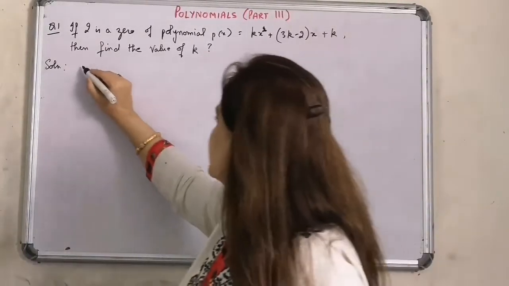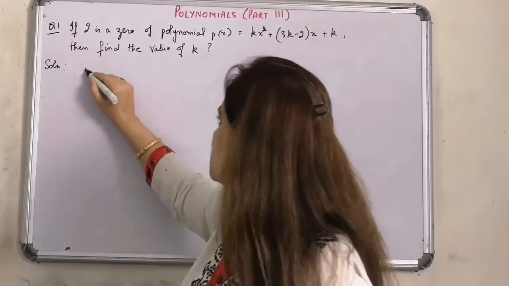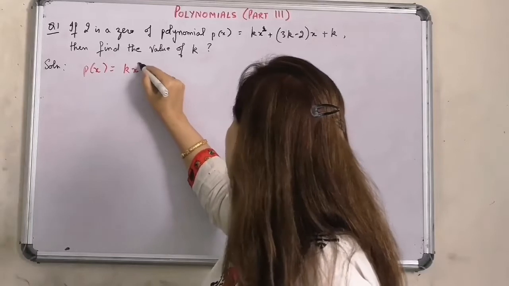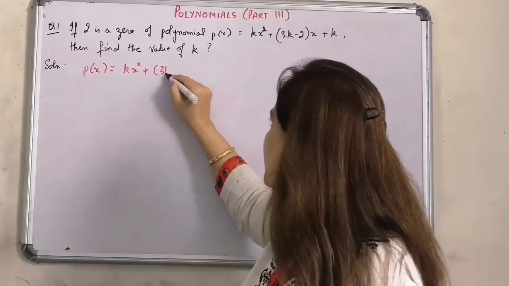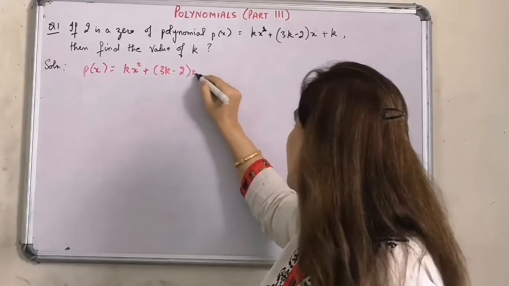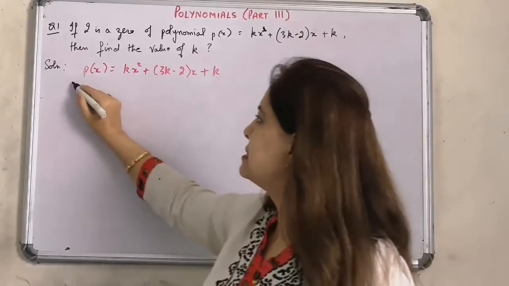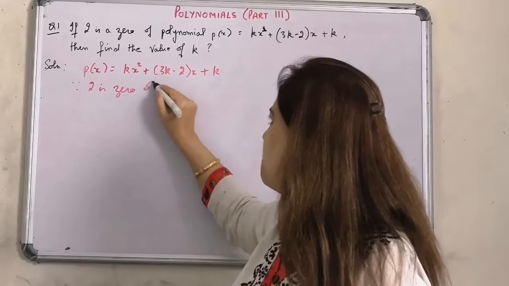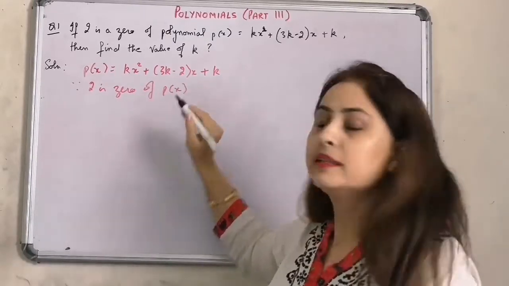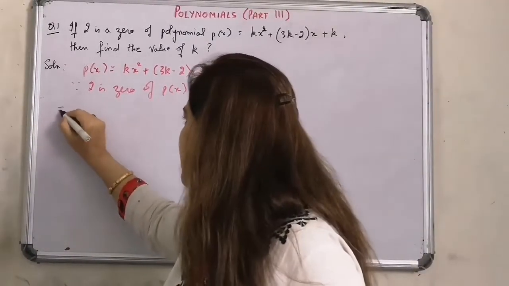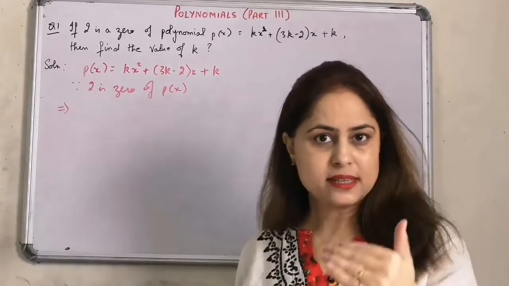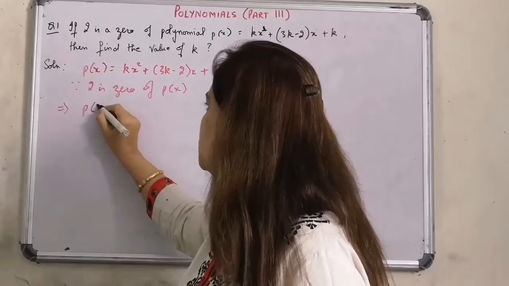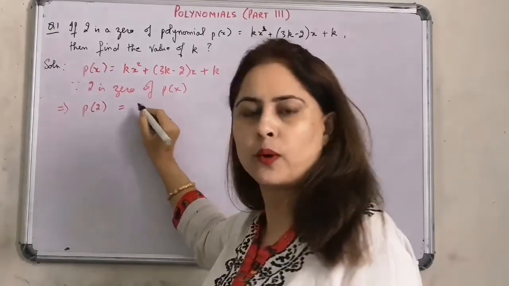So let's pen down the solution. The steps go like this. We are given p(x) is equal to k into x square plus 3k minus 2 into x plus k. Since 2 is a zero of p(x), this implies that if I put x equal to 2 in this equation, then p(2) should be 0, right?